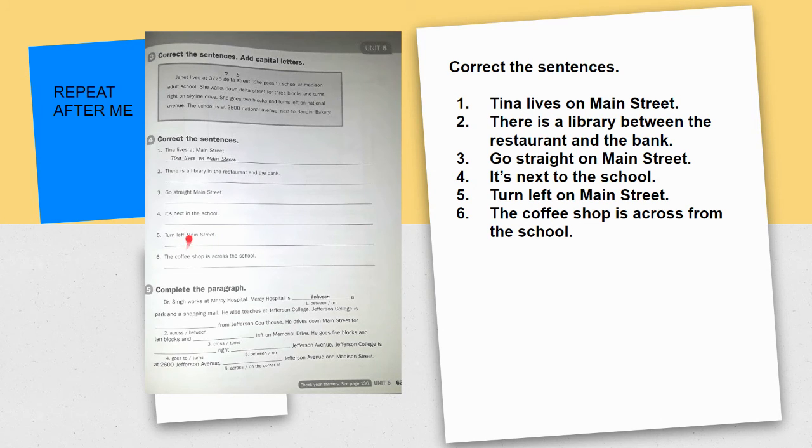So what letter is missing right here? Turn left on Main Street. Turn left on Main Street. Okay? And our last one, the coffee shop is across the school. We're missing something. Well, this is actually the coffee shop is across from the school. The coffee shop is across from the school.